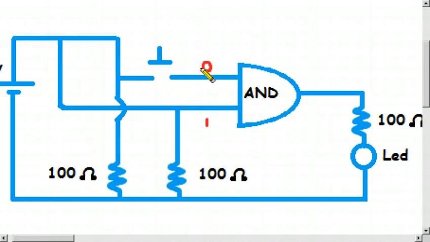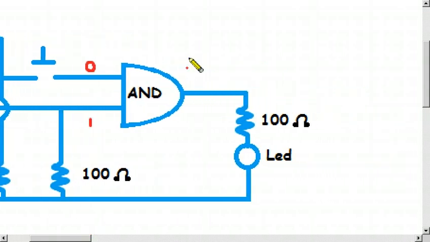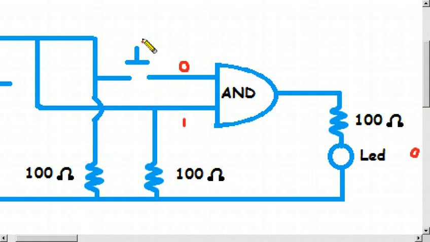Since one of these inputs is 0 and the other one is 1, according to the inputs, what is the output? It is 0. Therefore this LED is off. So if we press this button, what happens?